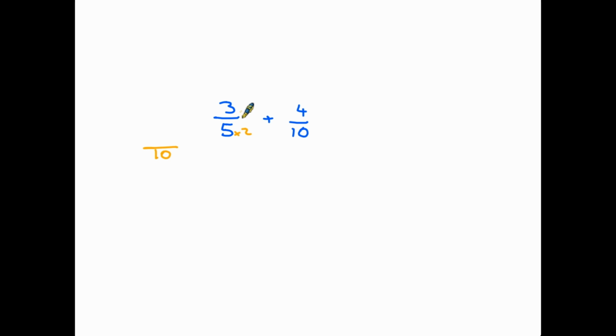We've multiplied the bottom by 2, therefore we can multiply the top by 2. 3 times 2 is 6. Now, we've got 6/10 on this side. We already have 4/10 on the other side. Add them together, 10 out of 10 is 1.